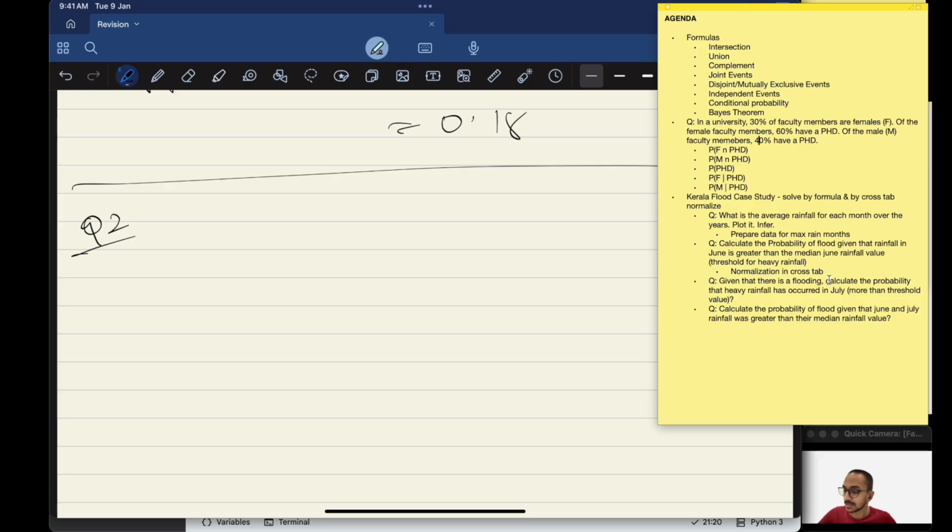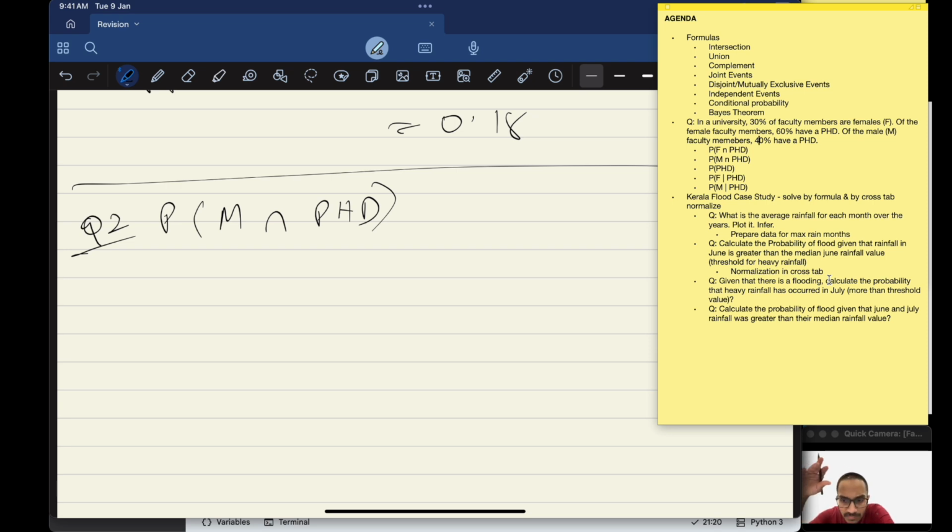Question 2, I think this will be slightly clearer. Question 2 is asking the probability of male, not given, probability of male and that faculty member being a PhD.